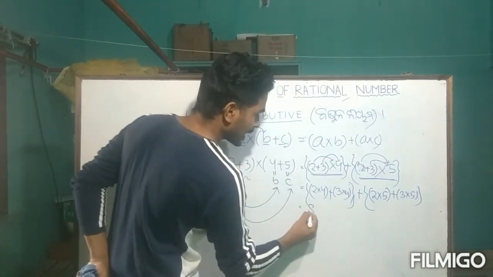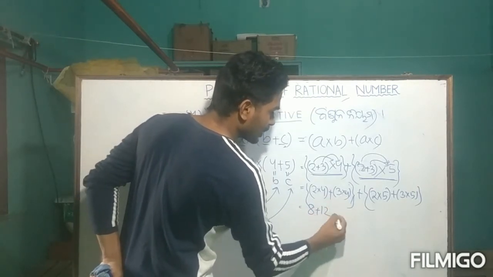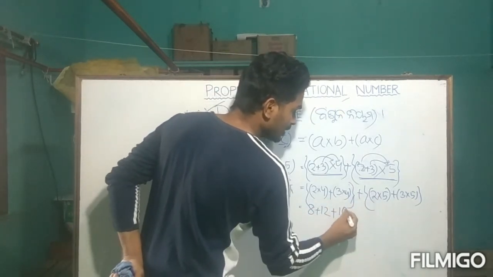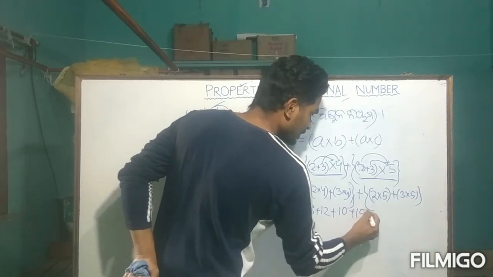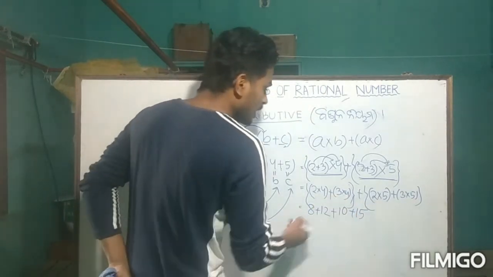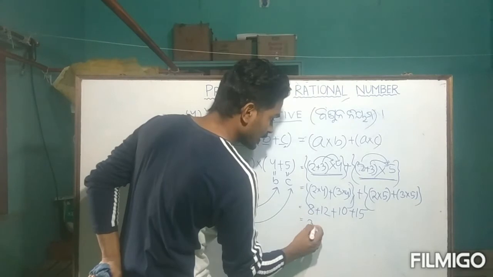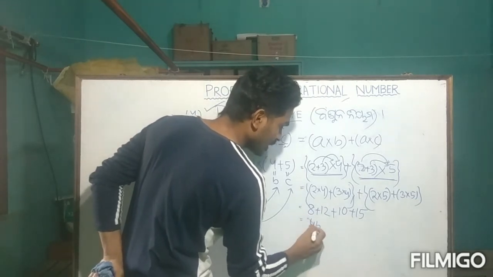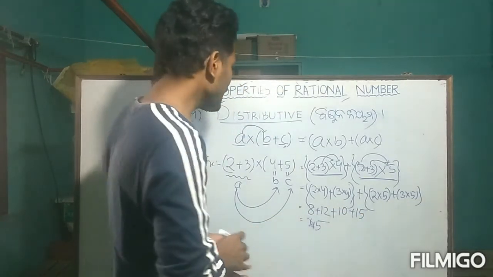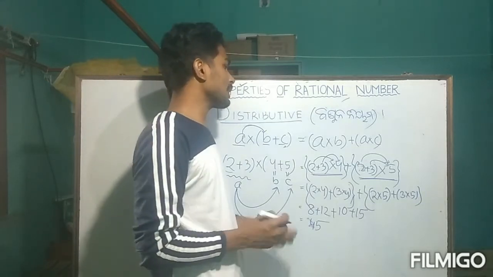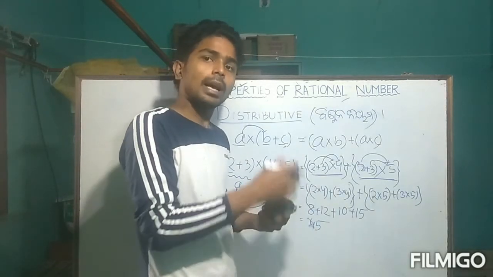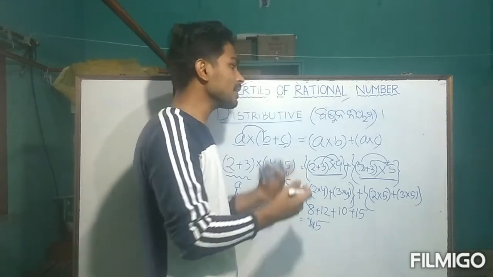So 2 4s are 8, 3 4s are 12, plus 2 5s are 10, 3 5s are 15. After addition they will give 45. Okay, this is the procedure through which we can calculate the multiplication of a rational number by using distributive property.